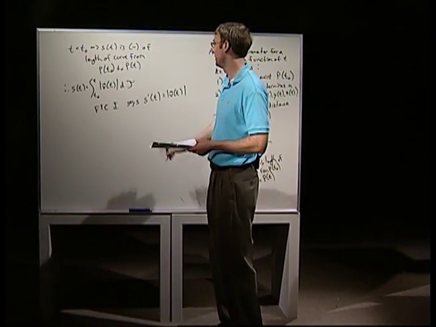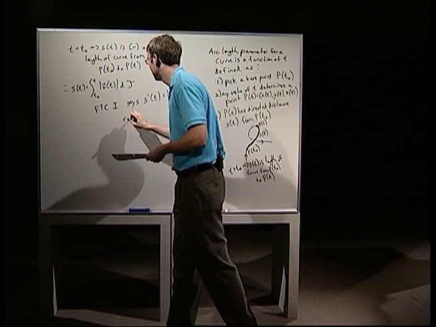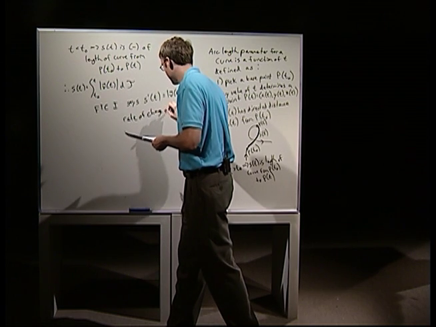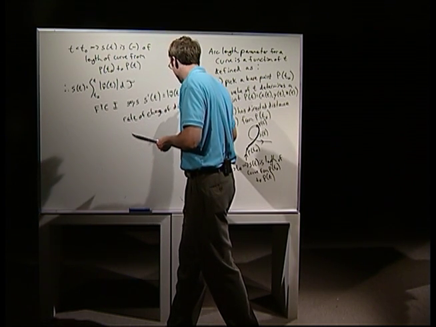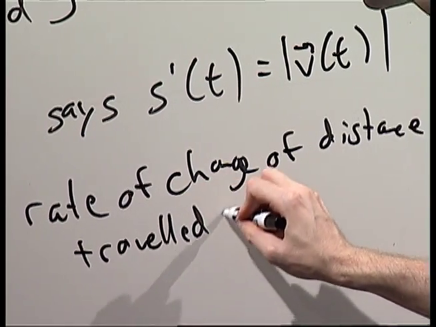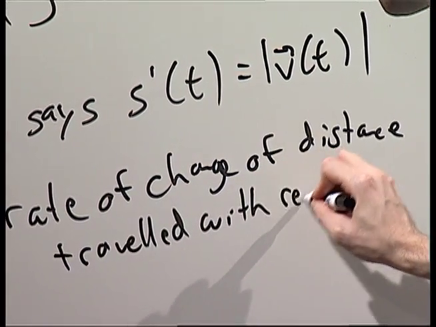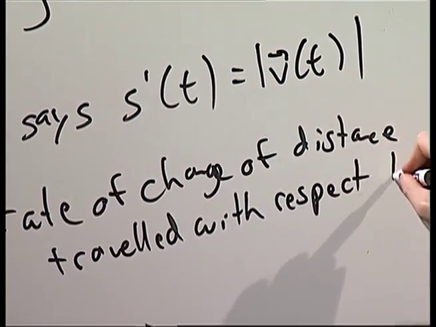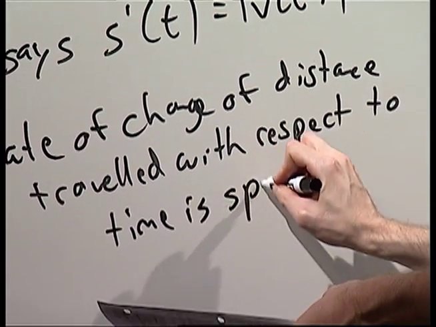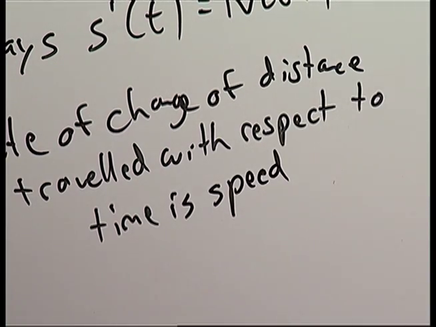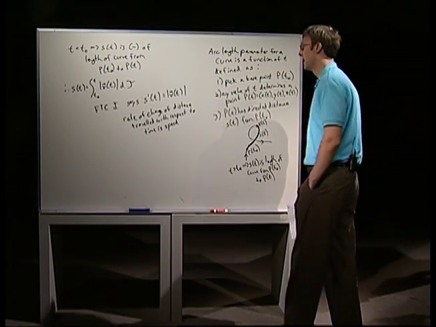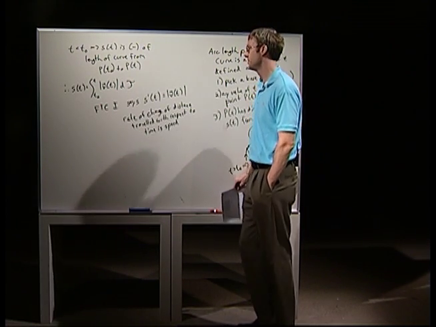And that makes sense. What is S prime? S prime is the rate of change of arc length. So the rate of change of distance traveled with respect to time is speed.